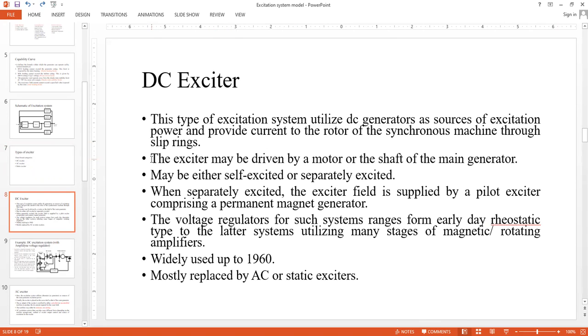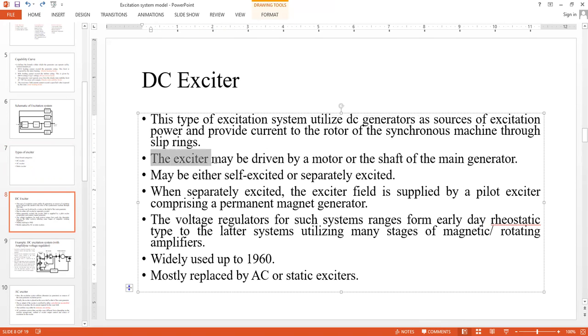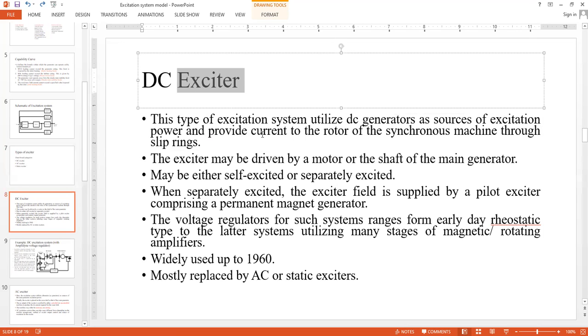Now the exciter itself could be driven by a separate motor as a prime mover. Remember, the exciter is nothing but a generator. In this case, they use the DC generator directly. And to get output from this DC generator, which is our exciter, of course, you need some prime mover.